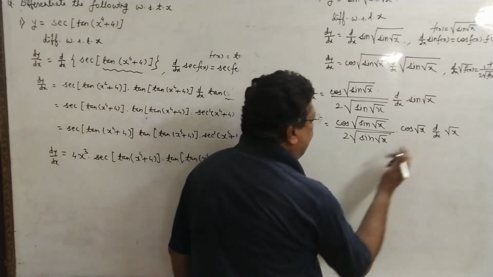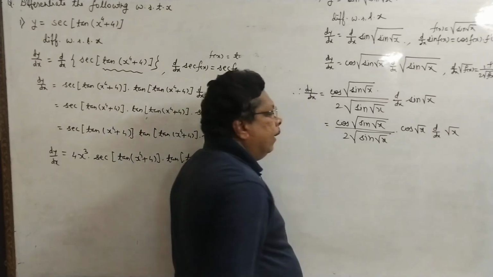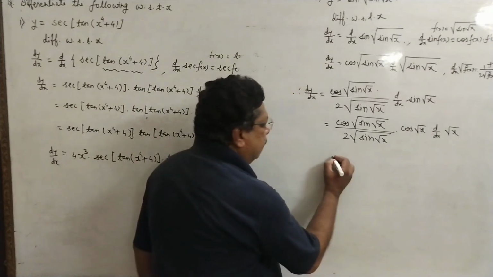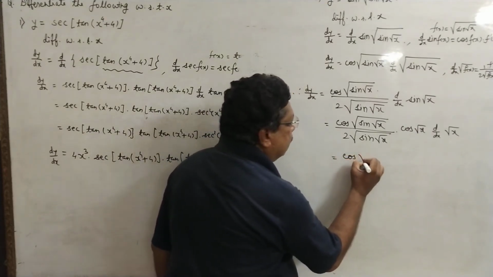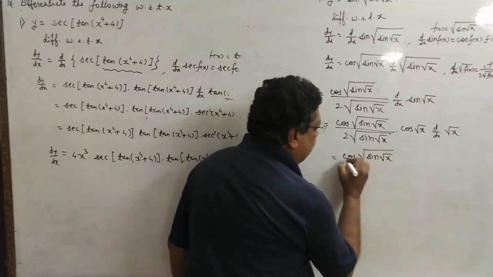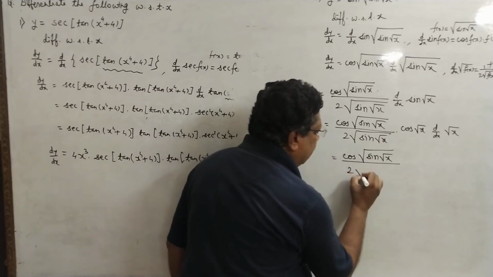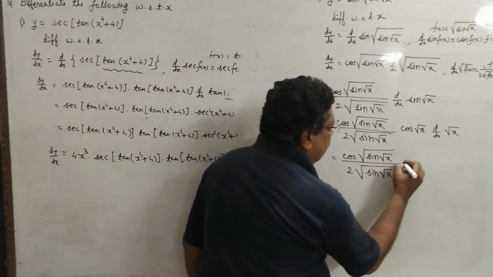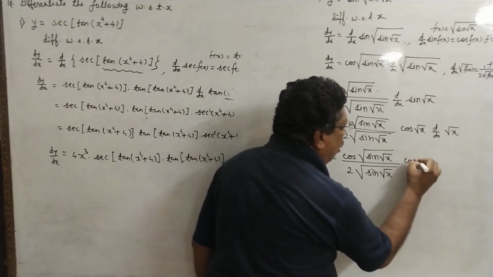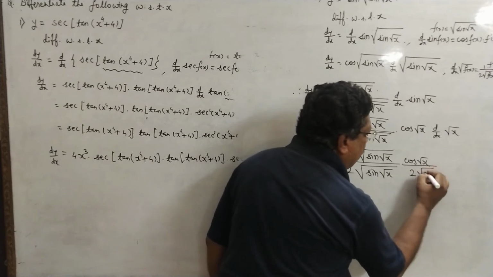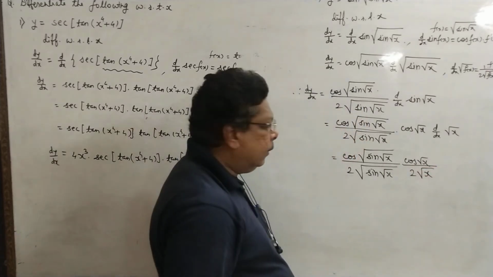Here f(x) is equal to root x, and we know that the derivative of root x is 1 upon 2 root x. So this can be written as cos root sin root x upon 2 root sin root x into cos root x, and the derivative of root x is 1 upon 2 root x.